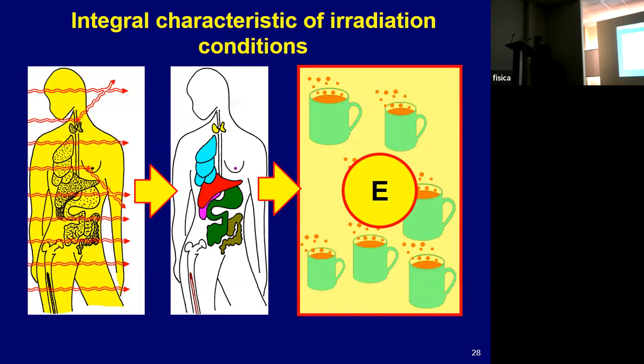Effective dose satisfies all the requirements for the dosimetric value intended for the numerical expression of the radiation safety assurance criteria.